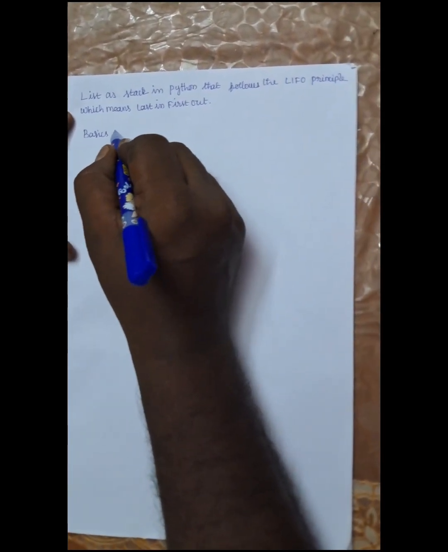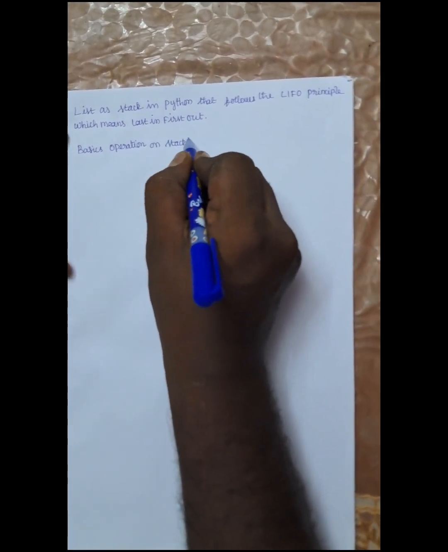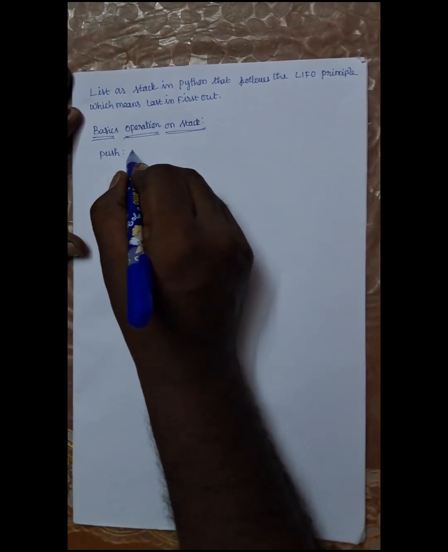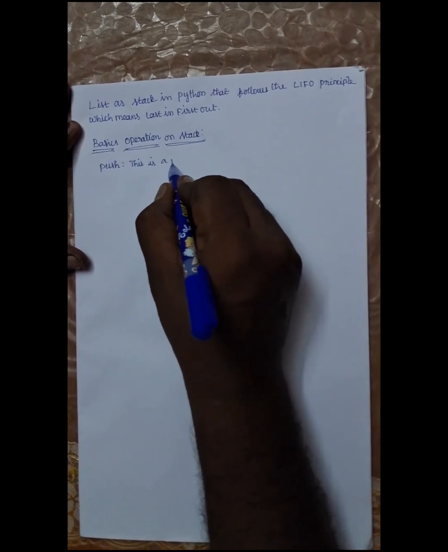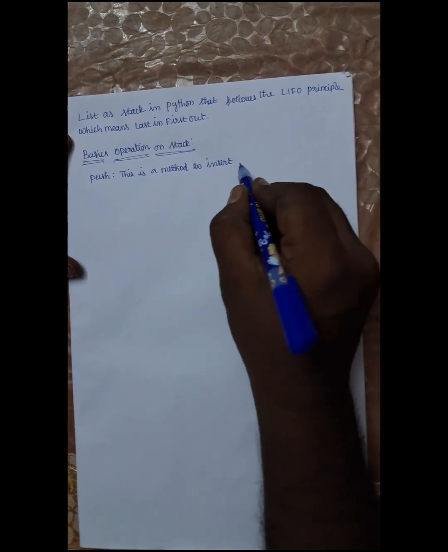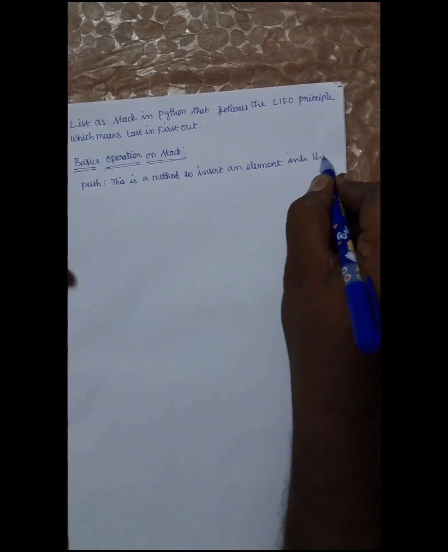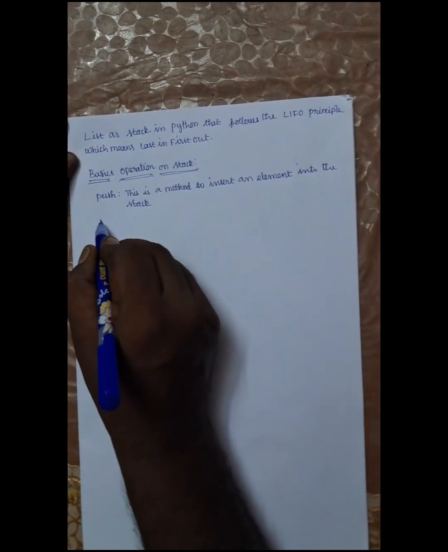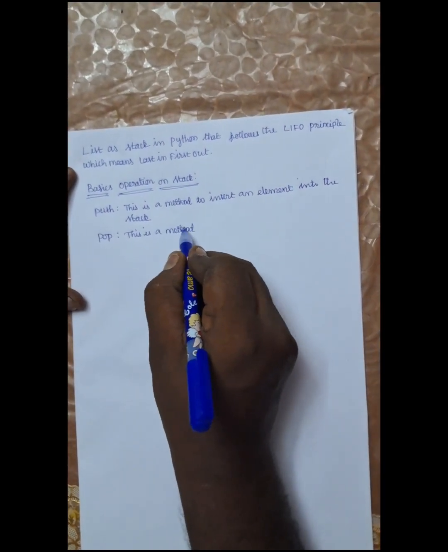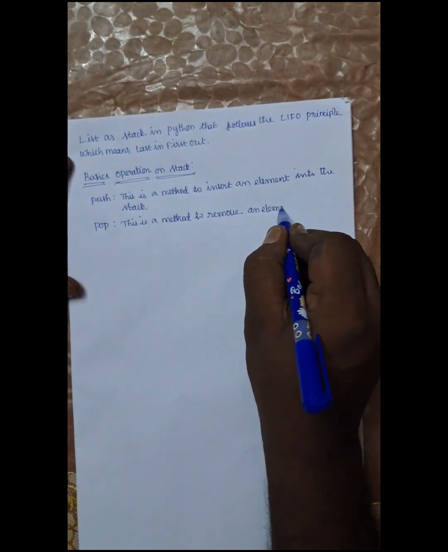Second one, pop: to remove the existing element from the list using the pop operation.